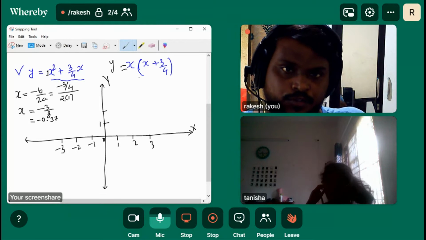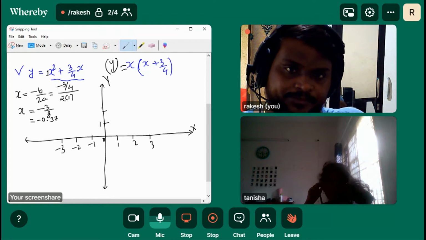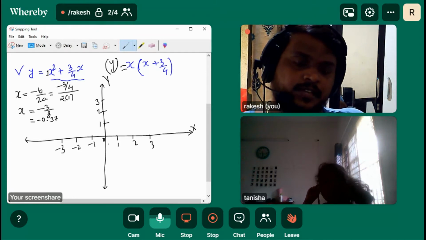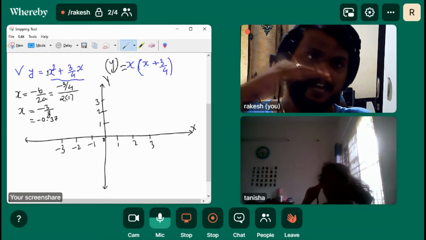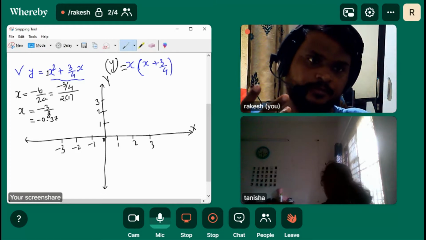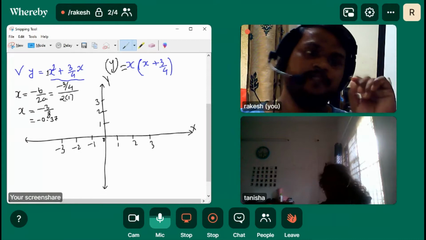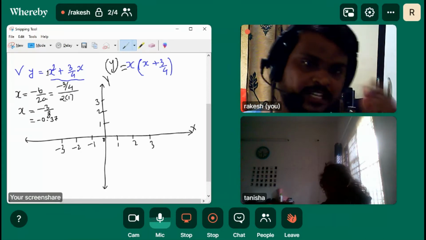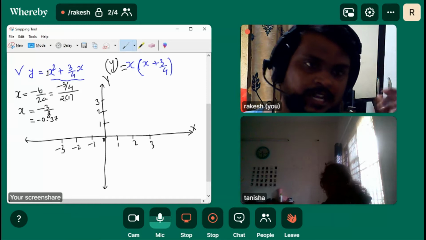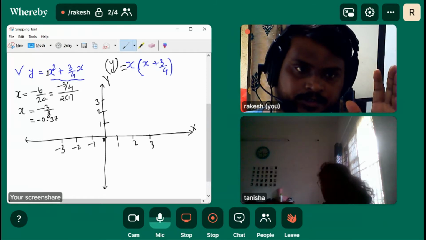They must have told you to find out the x intercept, right? X intercept means where the y value is 0. Any point on the x axis has y value 0, right?